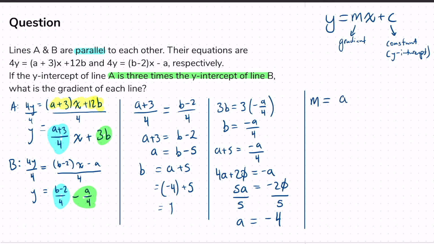So m is equal to a plus 3 over 4, which is equal to, a is negative 4, so negative 4 plus 3 over 4, equal to negative 1 over 4. Now you can check this with b minus 2 over 4 and see if it works, but for our purposes, we are done. The gradient of each line is negative 1 over 4.